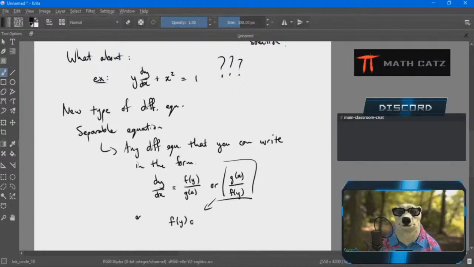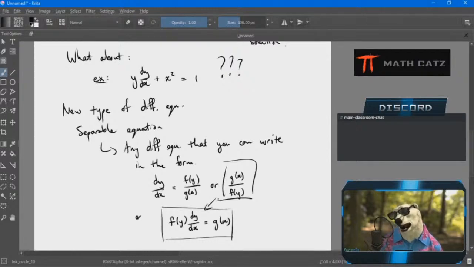I can write it like this, with only y's with my derivative and only x's on the other side. So we're able to separate the variables, the x's and y's that could be floating around. We're able to separate them from each other. This top example is a separable equation because I can write it like this.